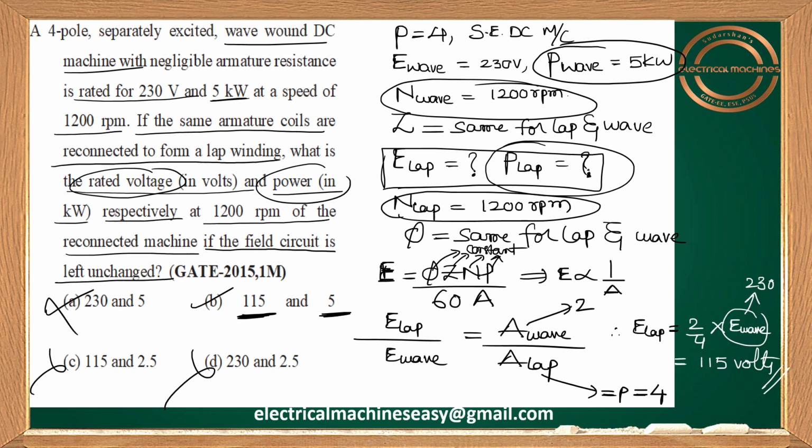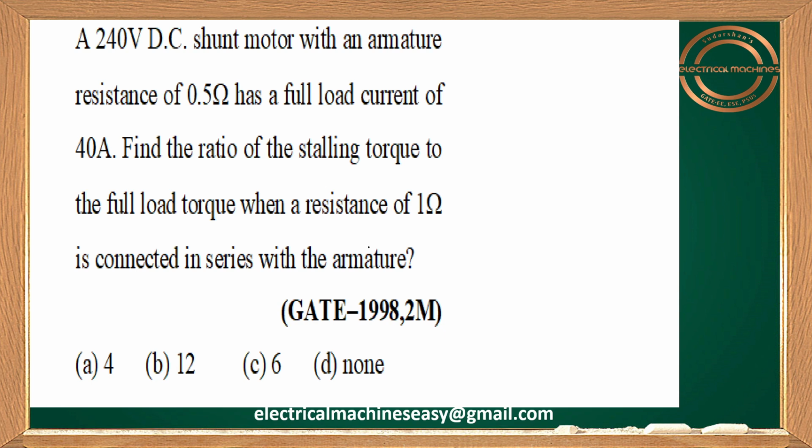Okay, guys. Now let me go for the next question. It's a 240 volts DC shunt motor. What is the armature resistance he has given? RA value, how much? 0.5 ohm, and it has a full load current of 40 amperes.